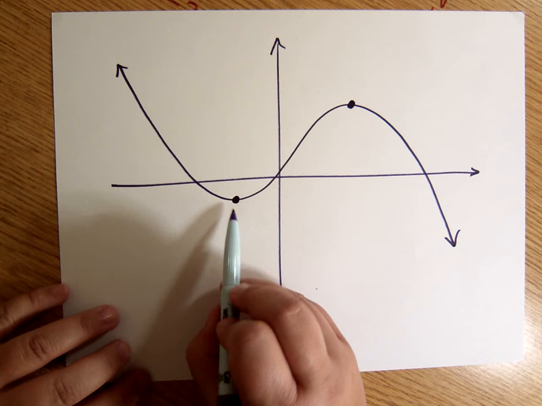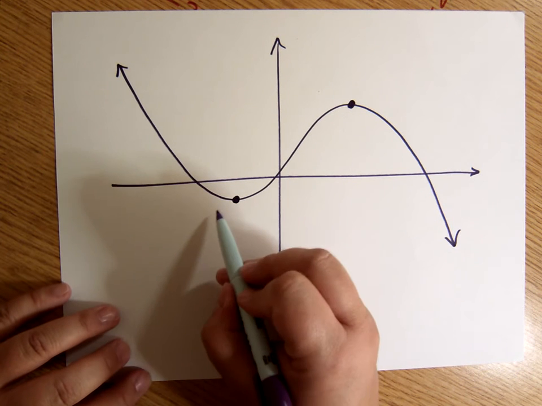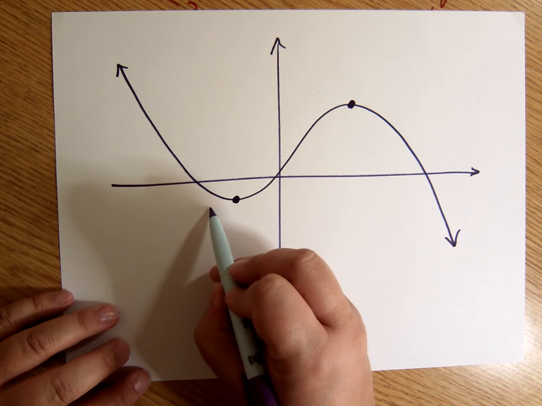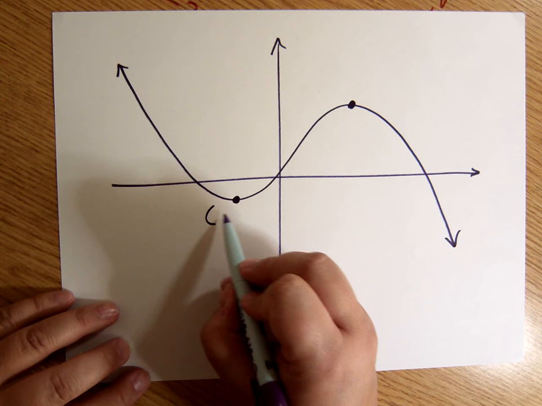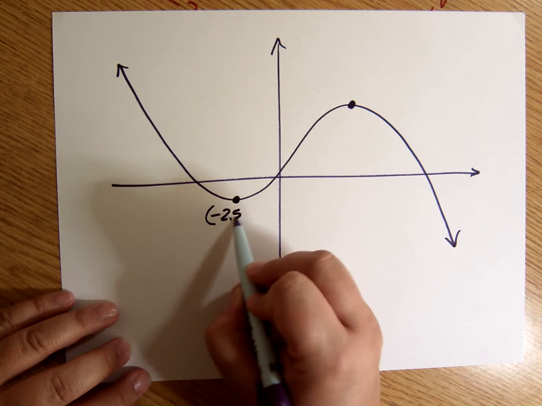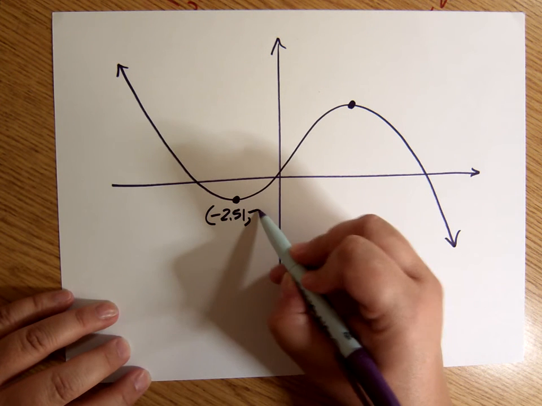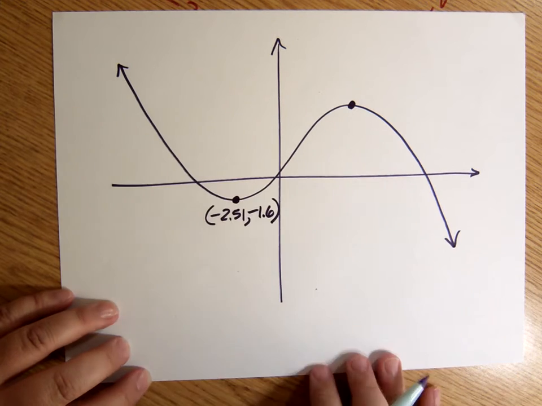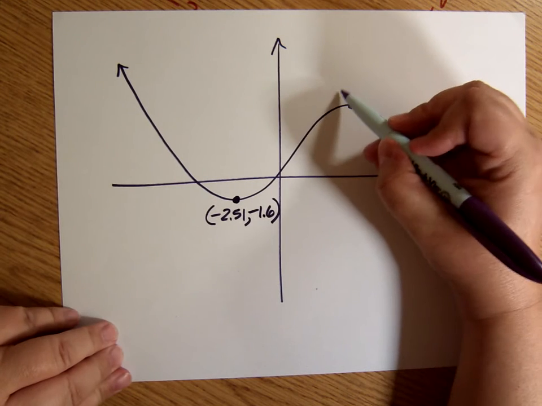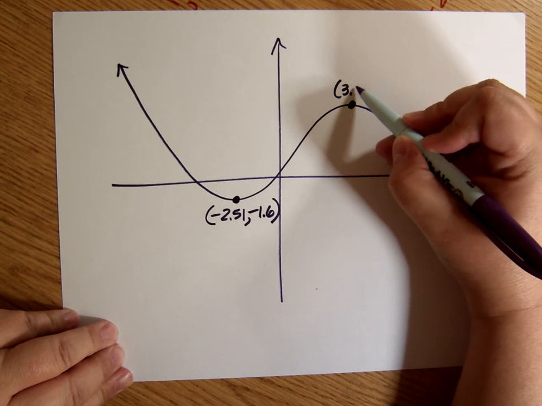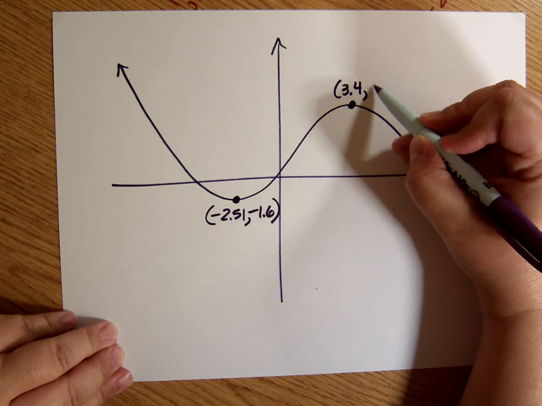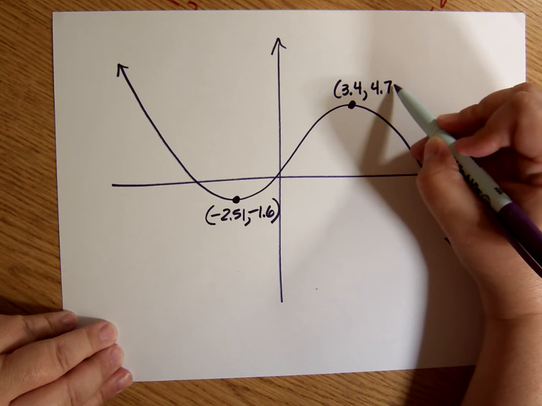I'm going to go ahead and just randomly put some points here. Let's assume that I have looked up the graph and I pulled up my open Desmos, pulled out my graphing calculator, whatever. Maybe I was told. And I'm going to say that this is negative 2.51, negative 1.6, and I'm going to say that this is positive 3.4 and 4.71.